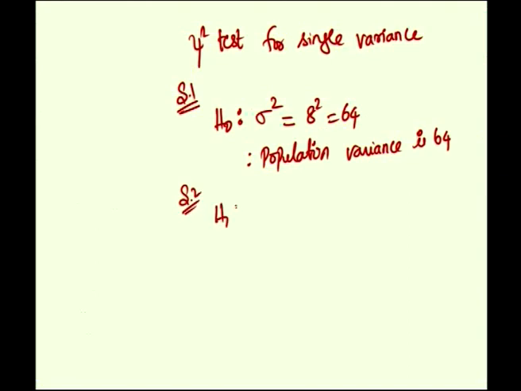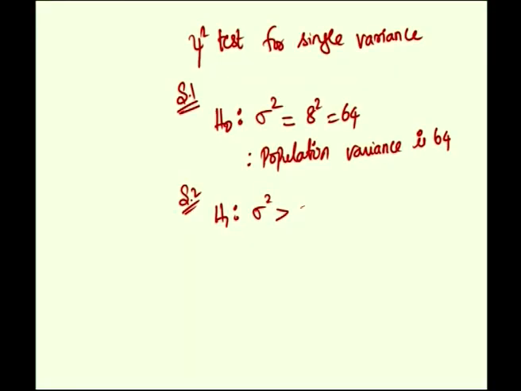Then, in particular, the question asks to verify whether population variance is greater than 64. So, specified, it is a one-tailed test. So, sigma square will be definitely greater than 64, the equal to possibility and the lesser possibility are ruled out. Therefore, it is a one-tailed test.